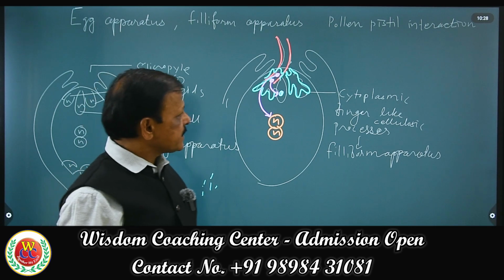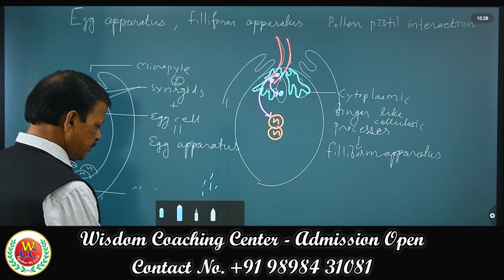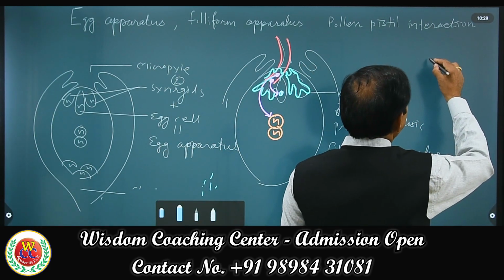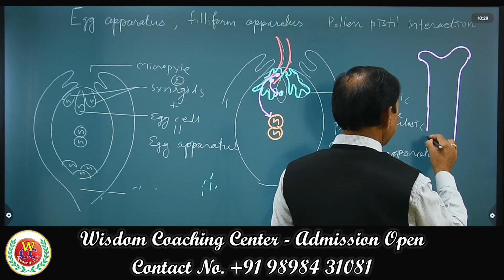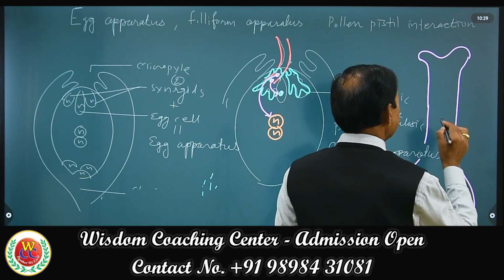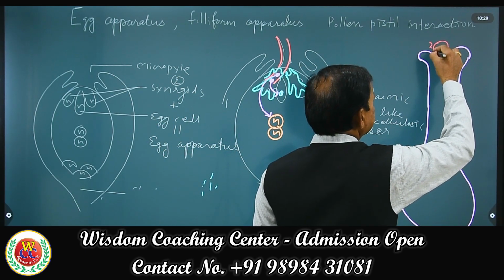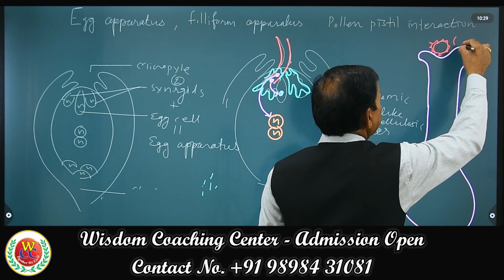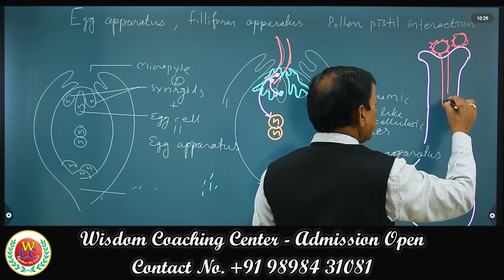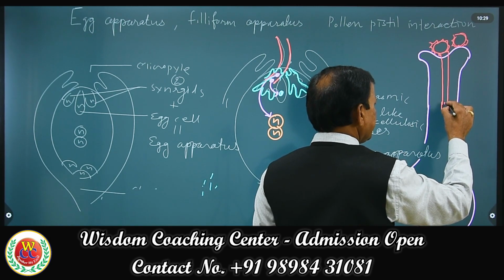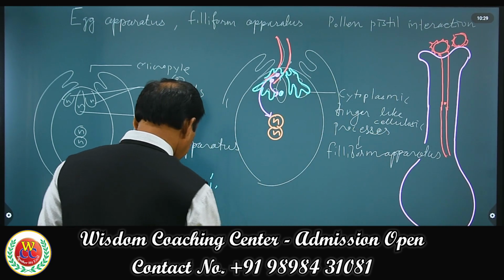Now, pollen pistil interaction is a very important point that can be discussed here itself. See, this is a stigma, style and ovary. When pollen grains fall on the stigma, out of many pollen grains only one can develop a pollen tube, through the vegetative nucleus and two male nuclei.